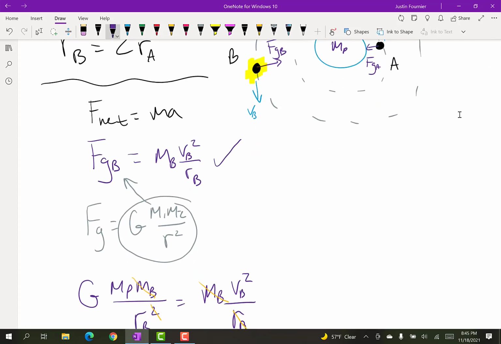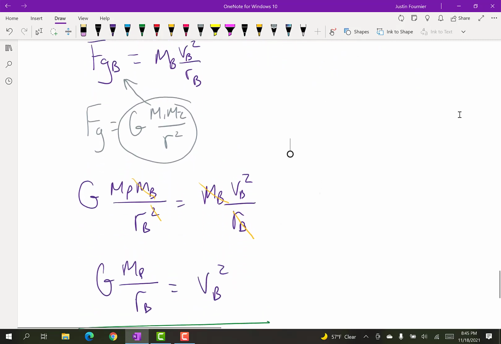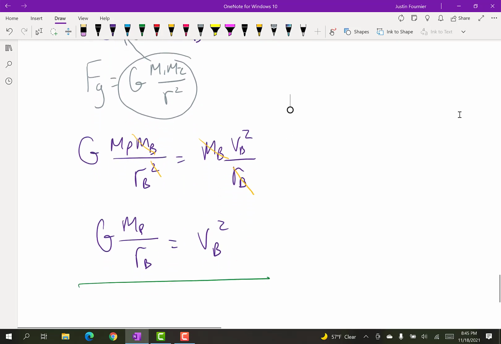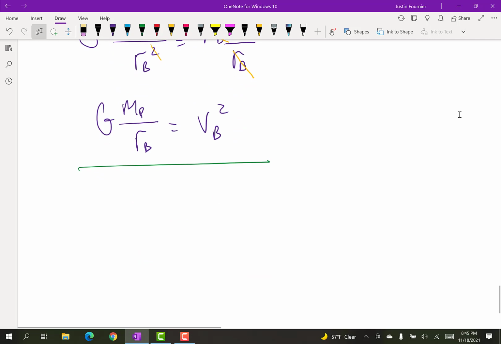It's the same force, just the force of gravity acting on object A. It'd be the mass of object A, the speed of object A, divided by the radius of object A. I'd plug in the gravitational force. All those things would cancel out, and I get the exact same thing. So I'm going to use the result for object A: the mass of the planet divided by radius A, which is the velocity of object A squared.